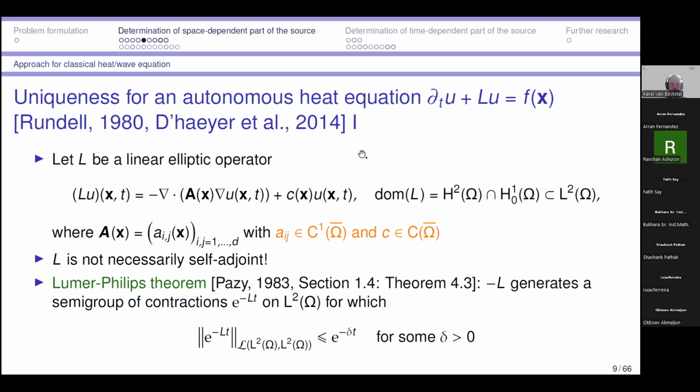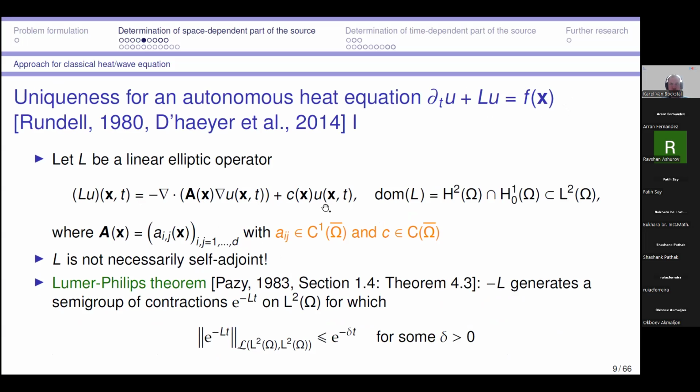So this is the first result, a paper of Rundell in 1980. We considered the autonomous heat equation, so L is time independent. And on the right-hand side, the time-dependent part of the source h is equal to 1.